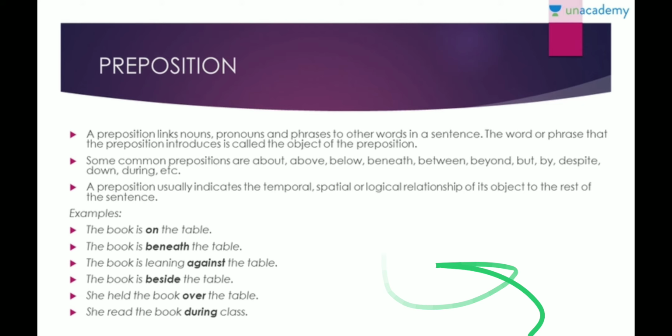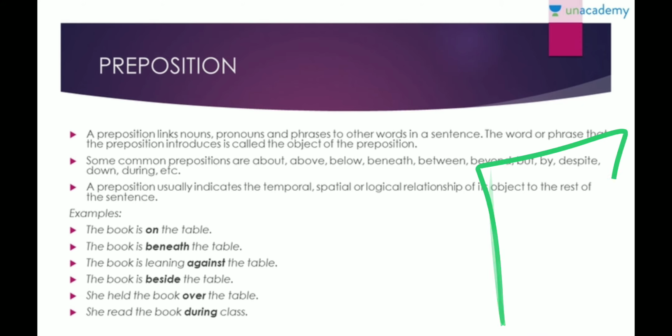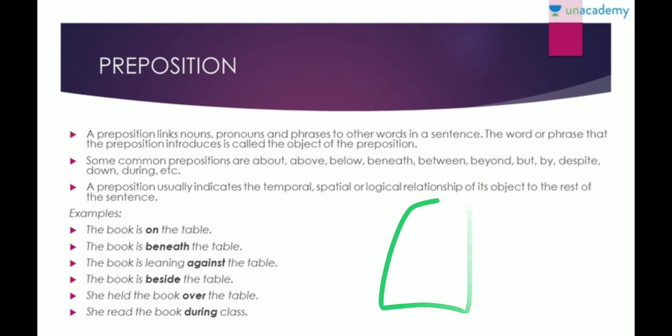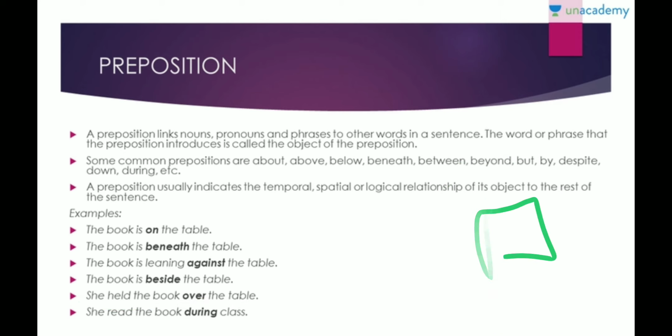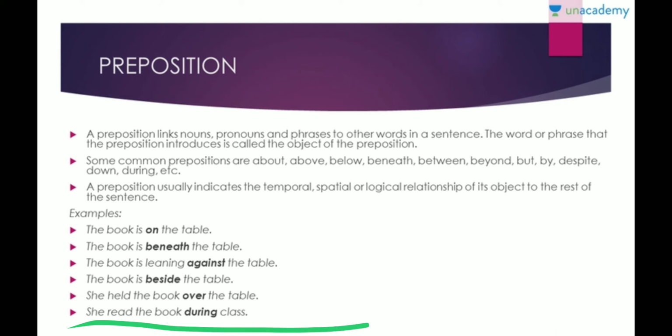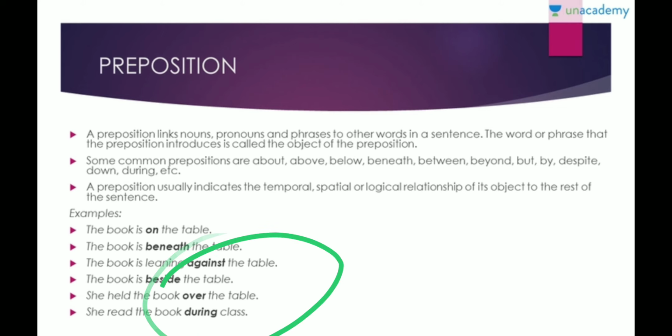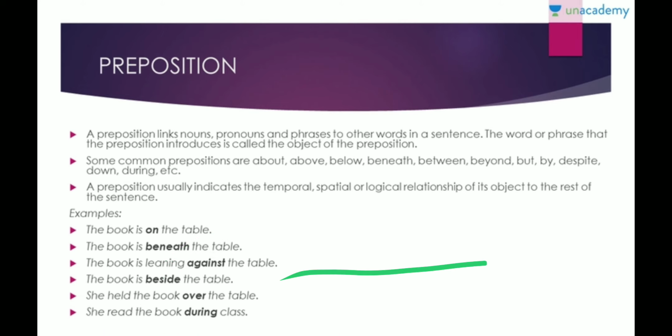The book is leaning against the table. The book is beside the table. She held the book over the table, so you know the location of the book relative to the table. She read the book during class, so you know the time when she was reading the book.